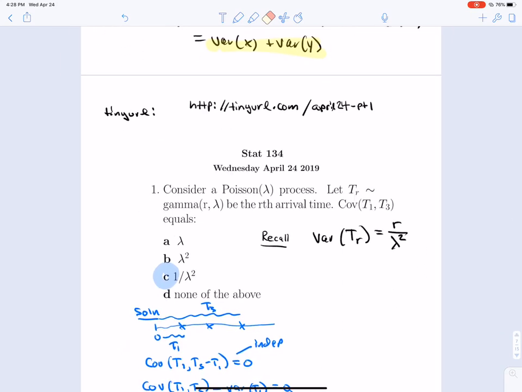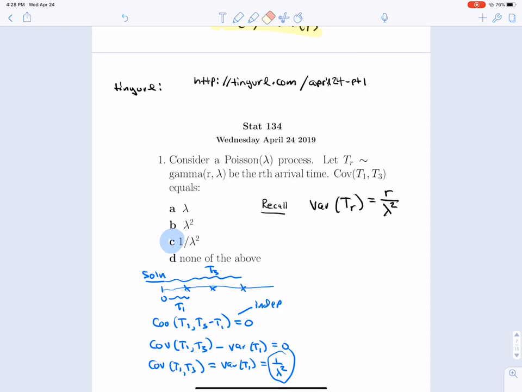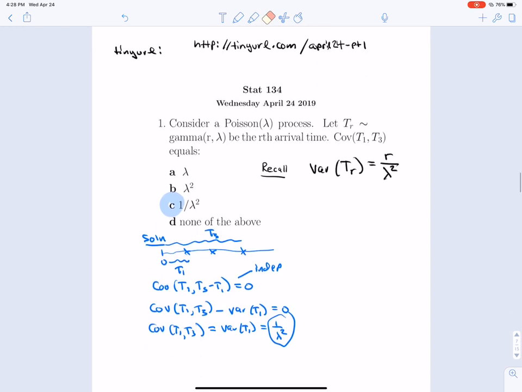So we then did a concept test. So we have a Poisson process. T_r is gamma r, lambda, the rth arrival time. The covariance of T1, T3 is... So T1, T3 are dependent, but the trick here is that T1 and T3 minus T1 are independent.